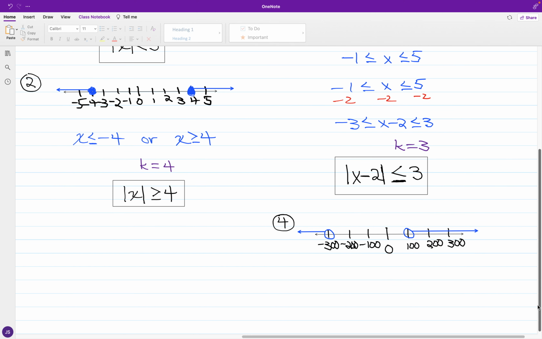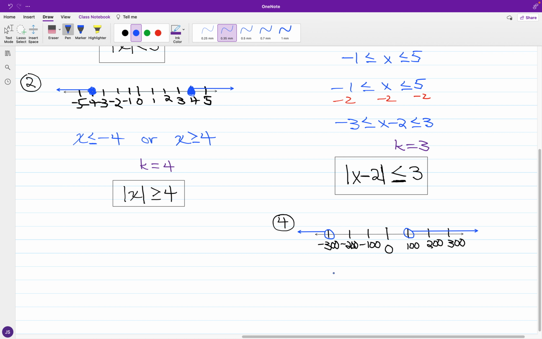So for this particular makeup, I have negative 300, 300 spaces to the left, 100 spaces to the right. So I don't have the K value outright established, but for the inequalities, right now we've got x is less than negative 300, and to the right, I have that x is greater than 100.